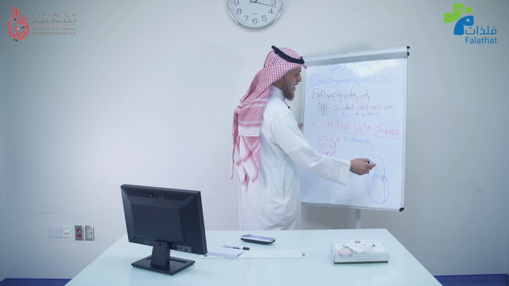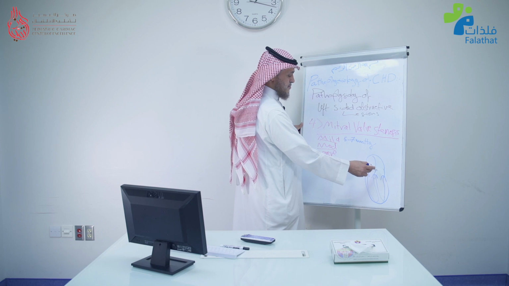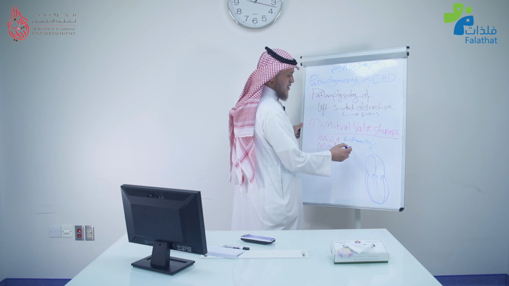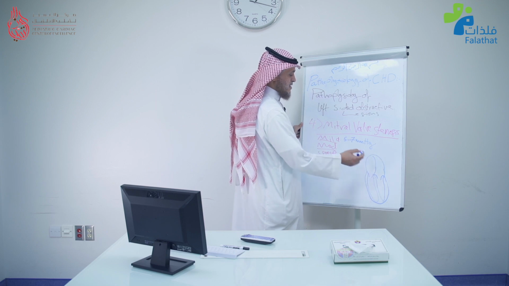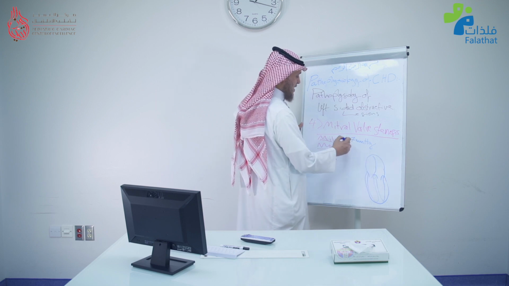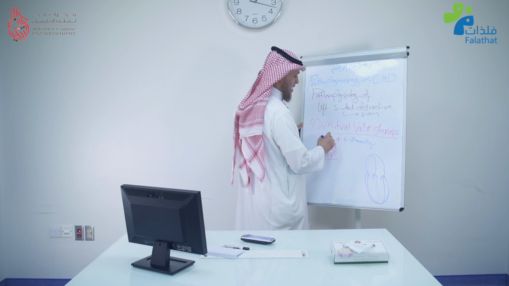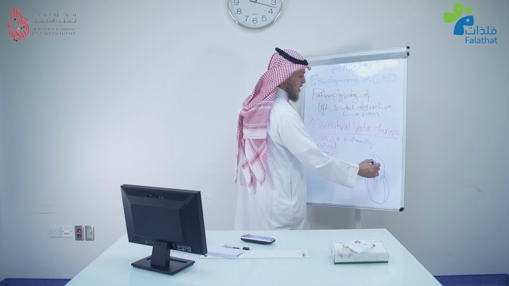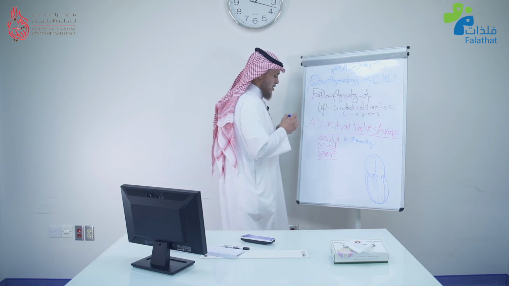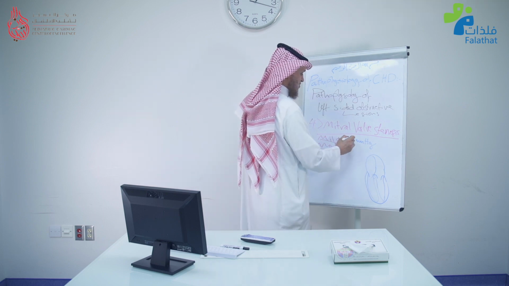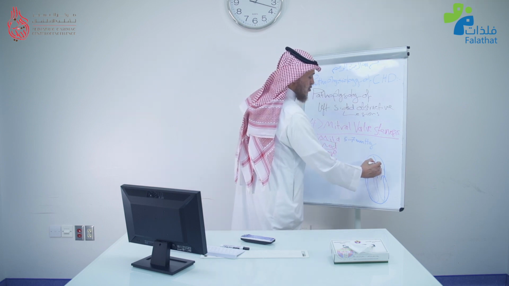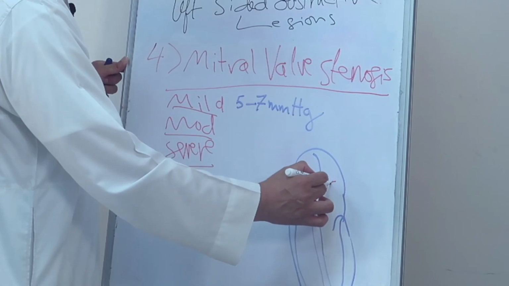If the left atrium pressure is, let's say 6, 8, let's take the 8 plus the 7, in mild mitral valve stenosis, the left atrial pressure will be around 7 plus the 8, around 15.